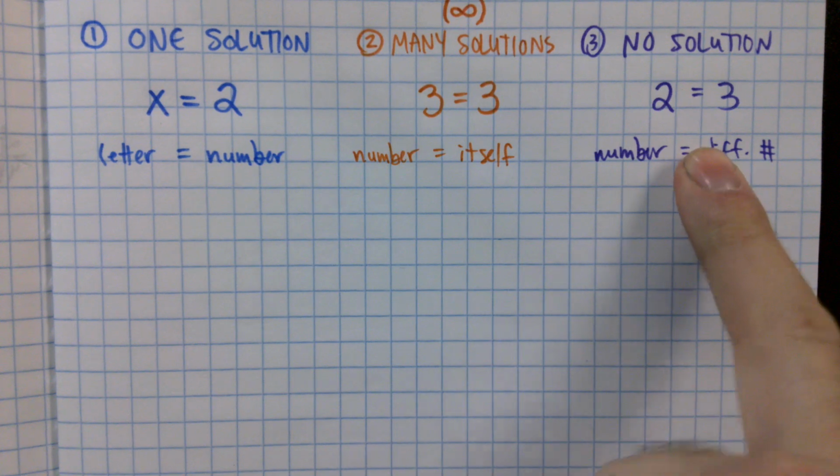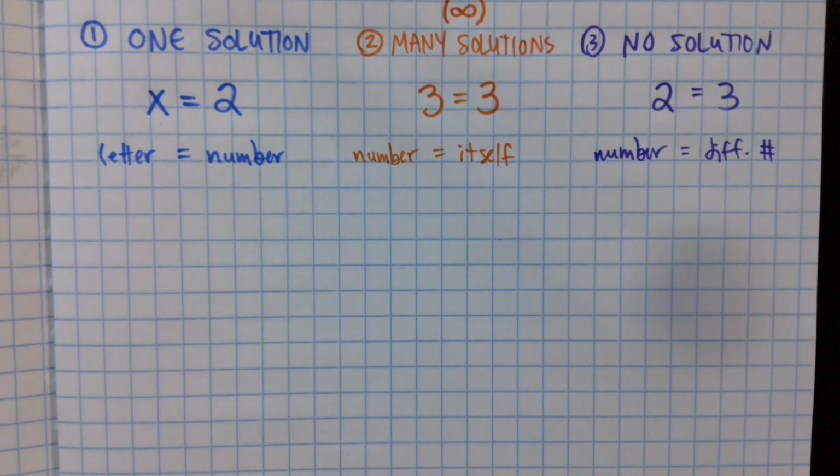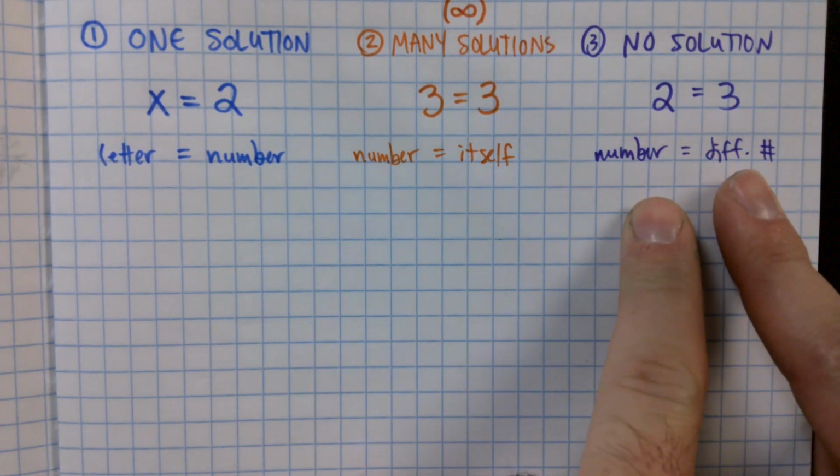Is 2 equal to 3? No. So if we end up, when we're solving everything step by step, with a statement that's false, we have no solution to that equation.